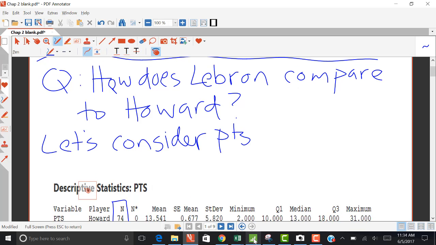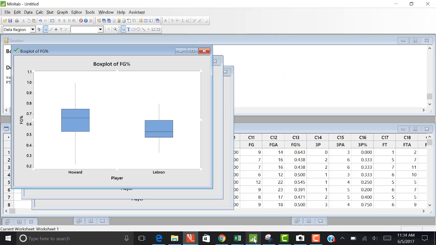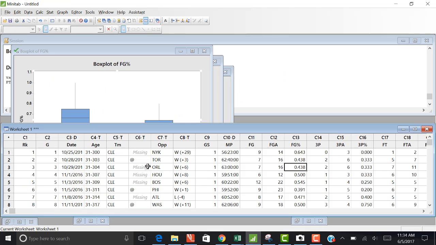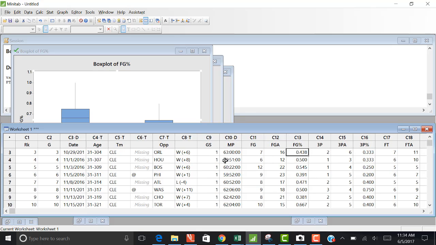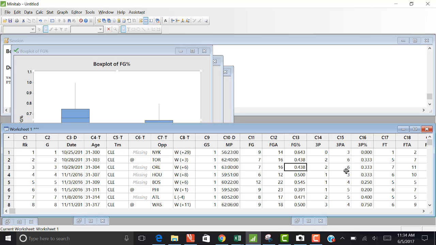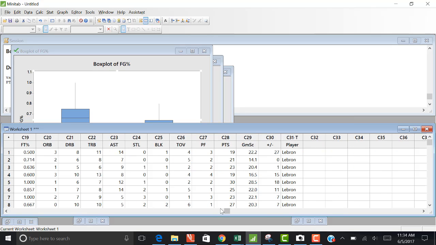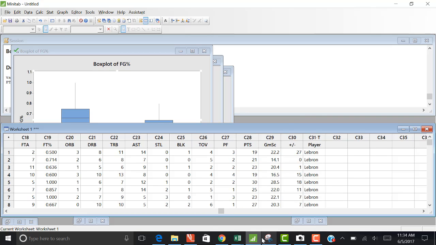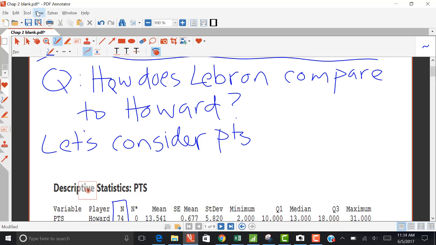I've got the information in Minitab over here, and you can see all of this data. Here are the number of field goals, three-pointers, everything. But I'm considering points, and I want to summarize them using numbers. So let's go back here to the summary.